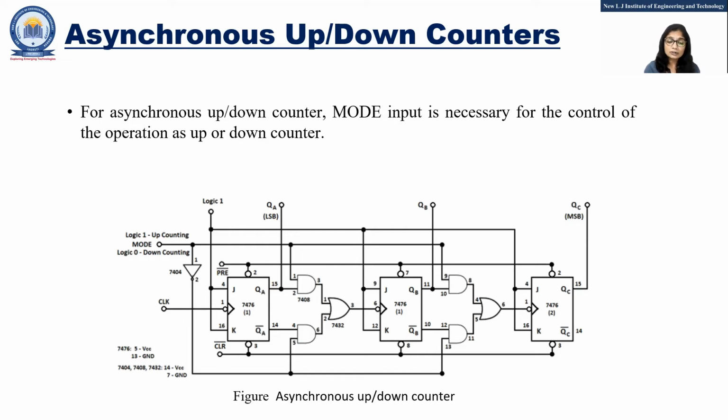But suppose you are going to use this circuit as a down counter, then what will I do? I will give 1, 1, 1 initially. So preset means previously I will set these flip-flops to logic 1, 1, 1. For that I will use the preset input. So if I give 0 here, then 0 bar becomes 1, right? So 1, 1, 1, then counting will start from 1, 1, 1, then 1, 1, 0, meaning 7, 6, 5, down counting.